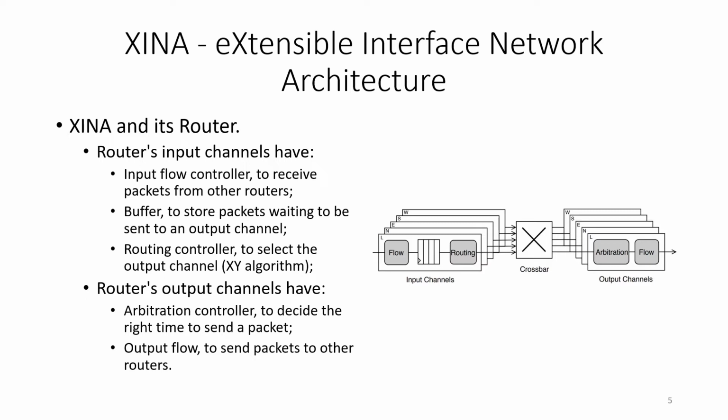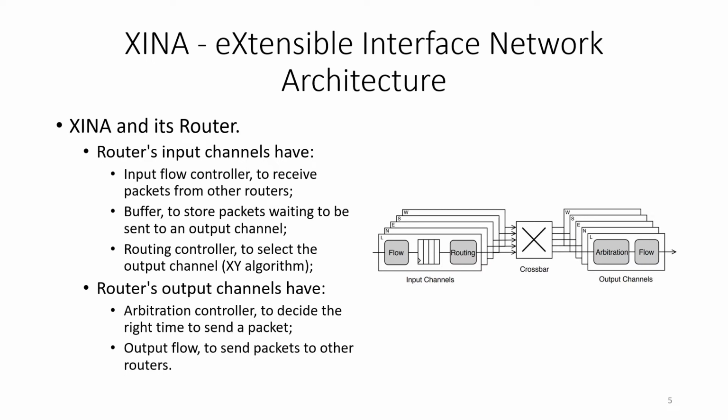Now, the router has 5 input channels and 5 output channels. The input channels have an input flow controller to receive packets from other routers. They have a buffer to store packets waiting to be sent to an output channel.